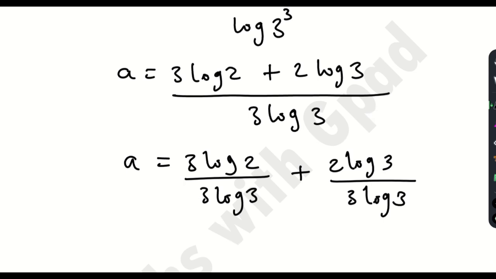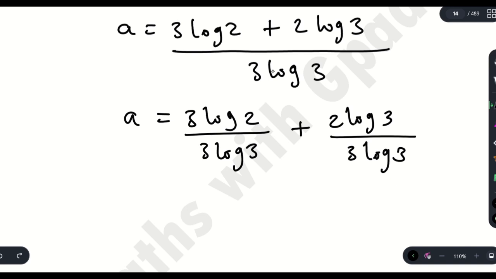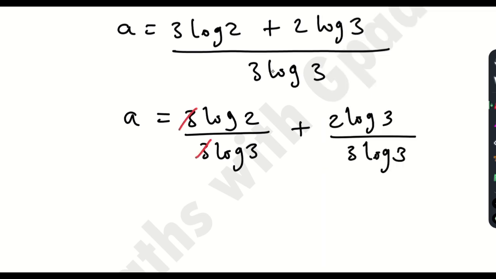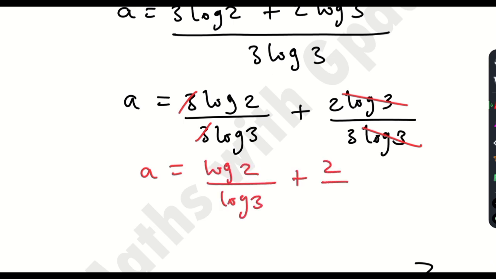I just want to simplify it. That's why I decided to split the divisor. So 3 cancels 3, log 3 cancels log 3. Okay, what do we have now? a is equal to log 2 over log 3 plus 2 over 3.